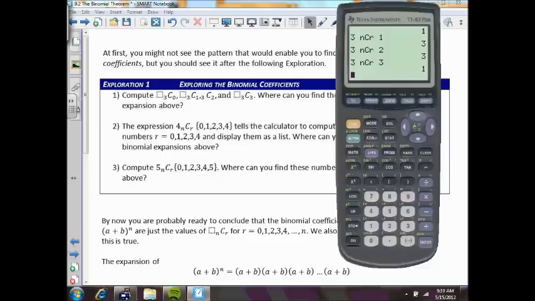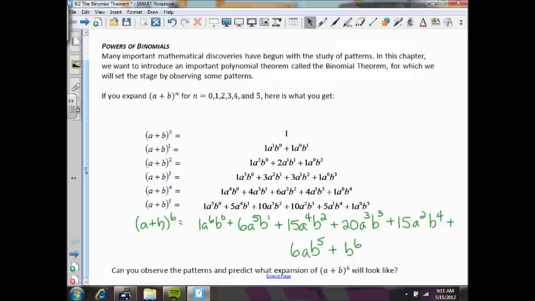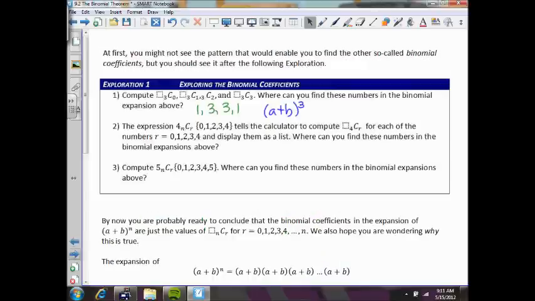So we should get 1, 3, 3, and 1. Where can you find these numbers in the binomial expansion above? You can find those numbers in a plus b to the third power. Now you should be able to see that in a plus b to the third: 1a to the third plus 3a squared b plus 3ab squared plus 1b to the third.